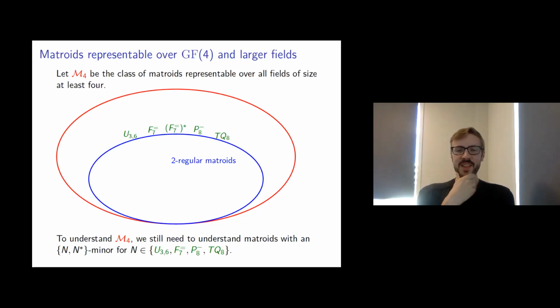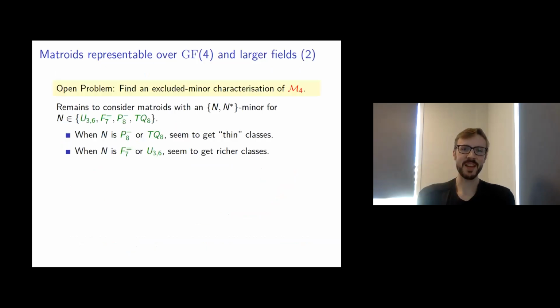Okay, so then you might ask, well, how bad do these classes look? If you look at the matroids in M4 with one of these 4 matroids as a minor, how bad do they look? And for the 2 8-element matroids, so I'm getting to the more speculative part of this talk, by the way, it seems like you get quite thin classes in that maybe you don't get a lot more than fan extensions, gluing on wheel type things.